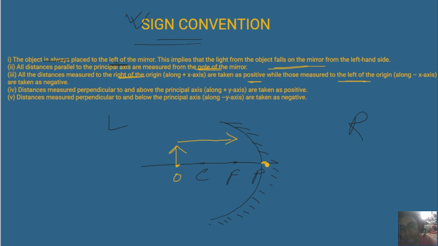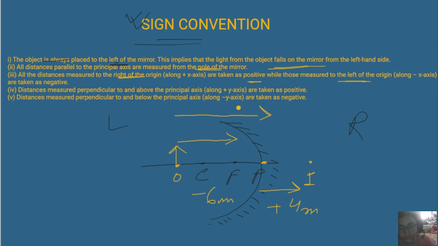So if this is the image here, then the distance will be, let's say, plus 4 meter, but the distance of the object from the mirror will be minus 6 meter.